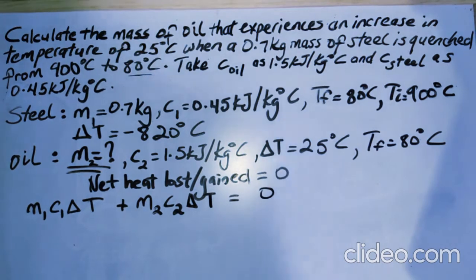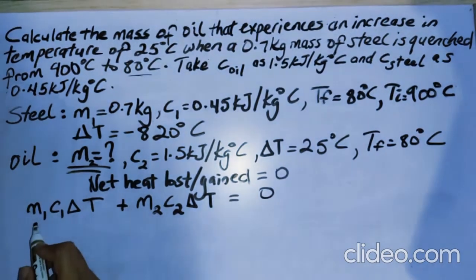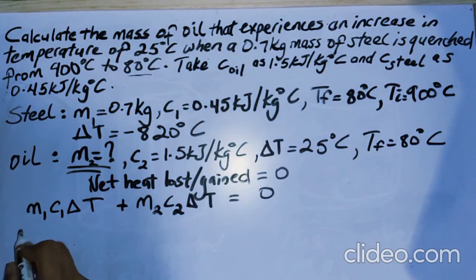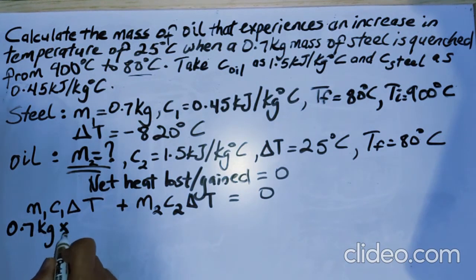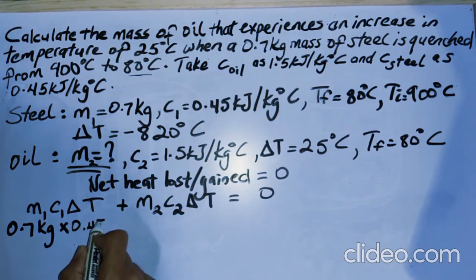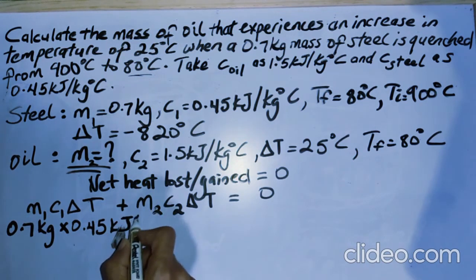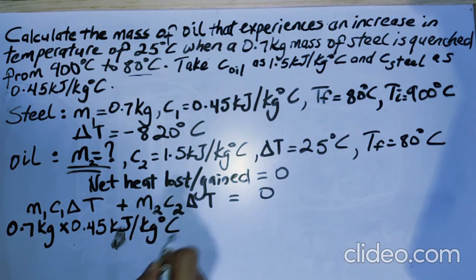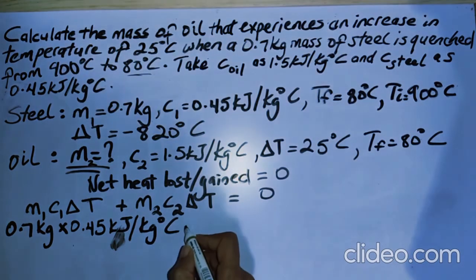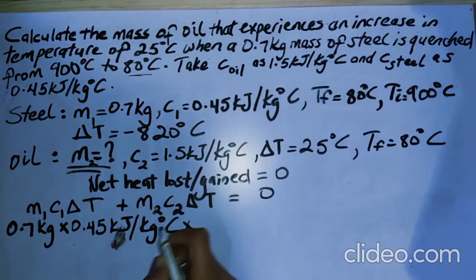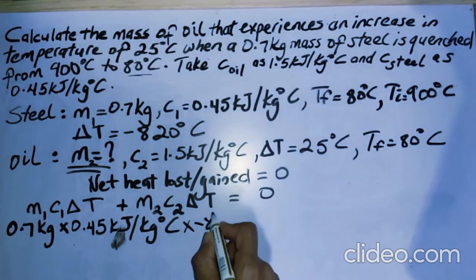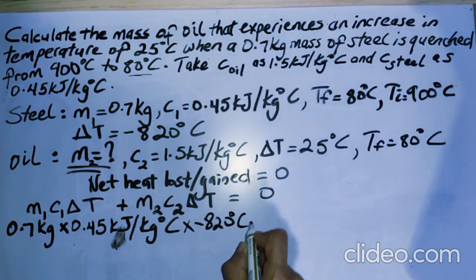Now we could substitute values. I'll substitute the values for the steel first: 0.7 kilograms multiplied by 0.45 kilojoules per kilogram degree Celsius, multiplied by the change in temperature. The steel loses heat, negative 820 degrees Celsius.